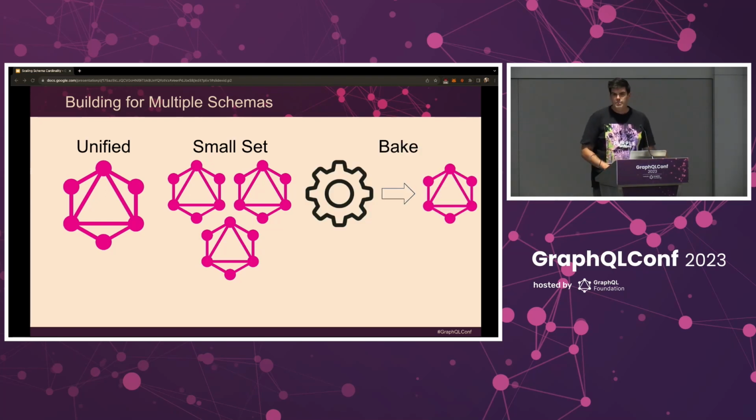The third type is those who bake their schemas. Maybe I want to allow the users or the tenants of my system to define some set of types, and I'm going to make those types also appear within the API.